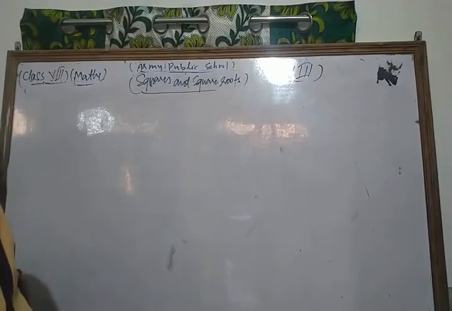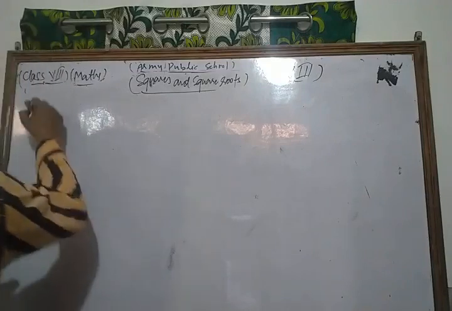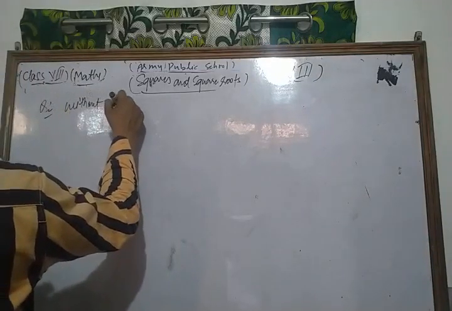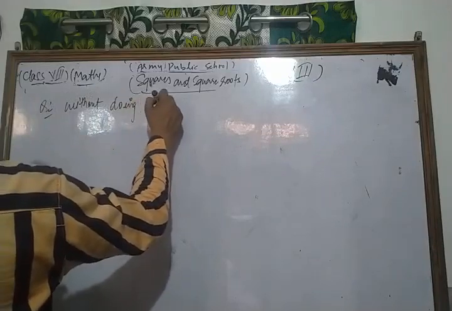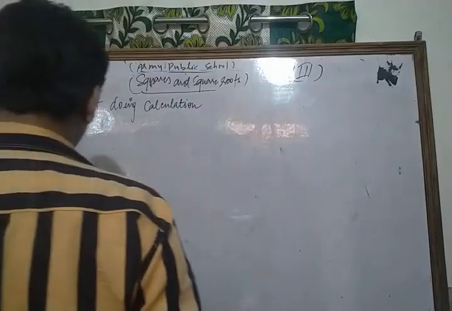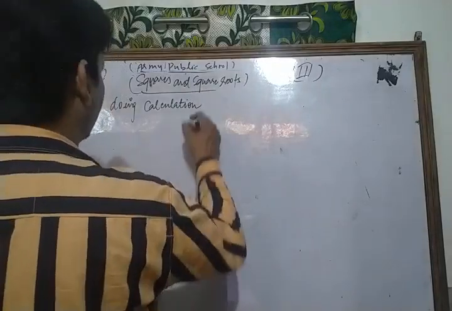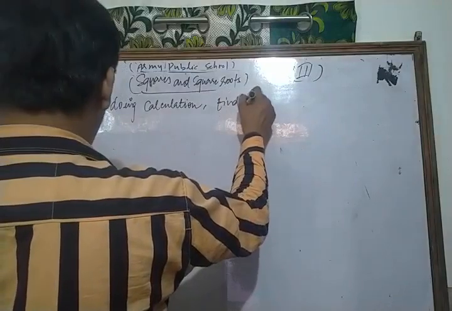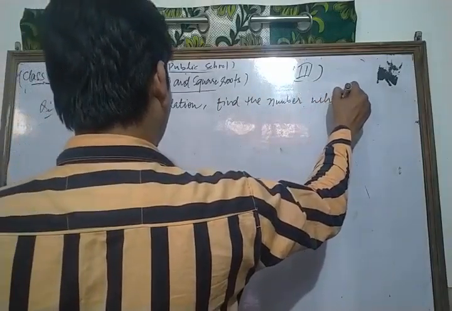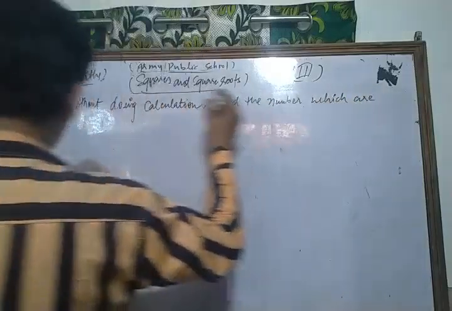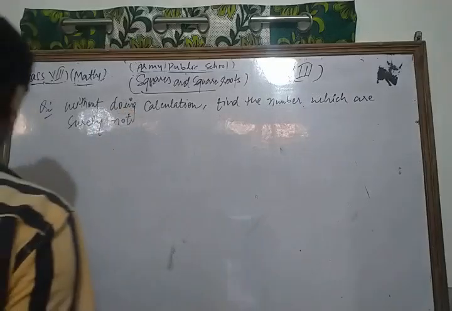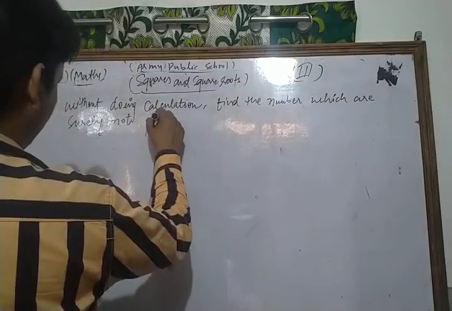The question is: without doing calculation, find the numbers which are surely not perfect squares.